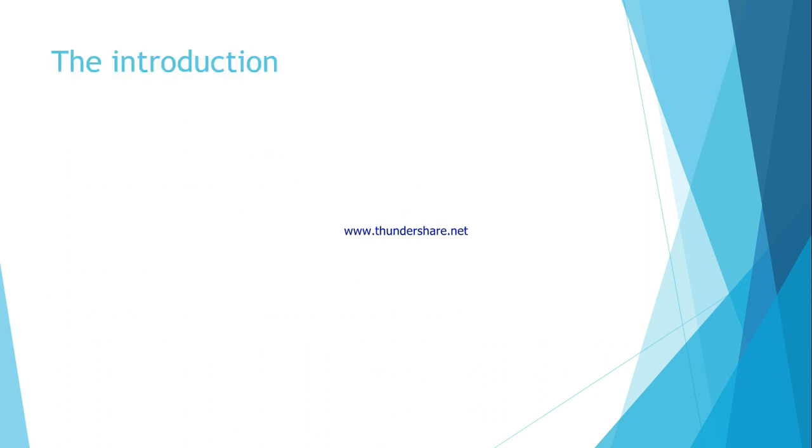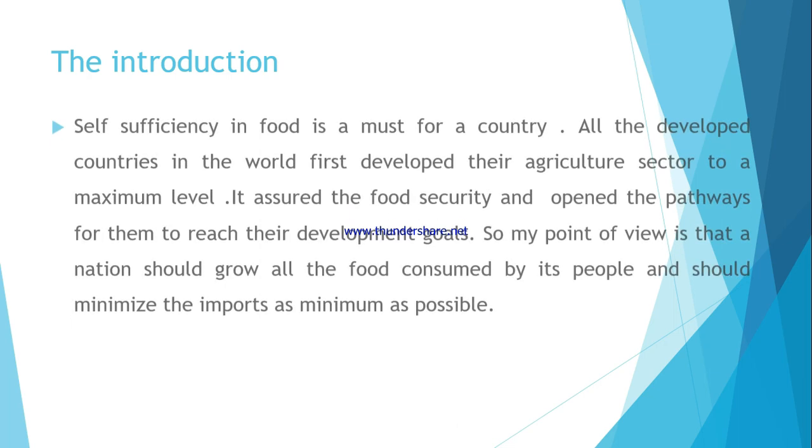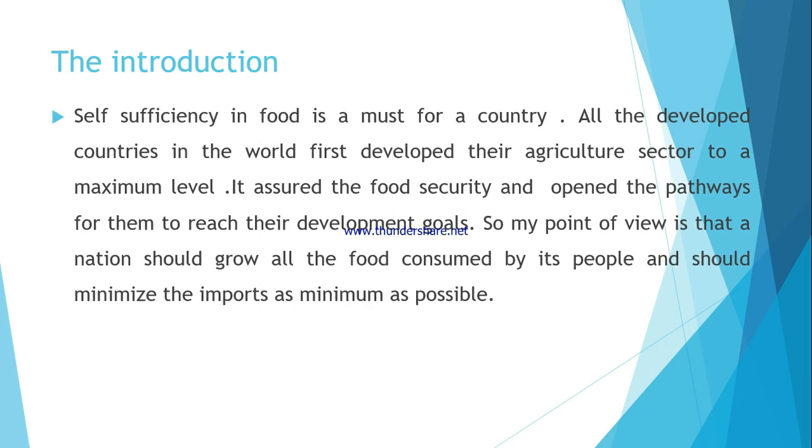So let's turn towards the introduction. First, I will read my introduction for the essay, and then I will explain how to plan and write the introduction for an essay.